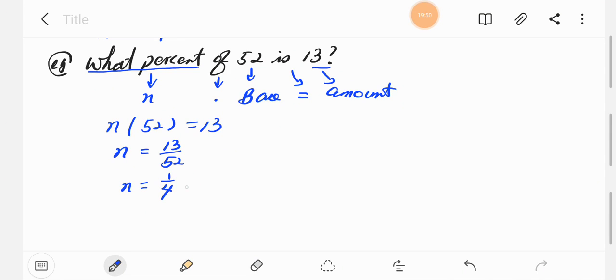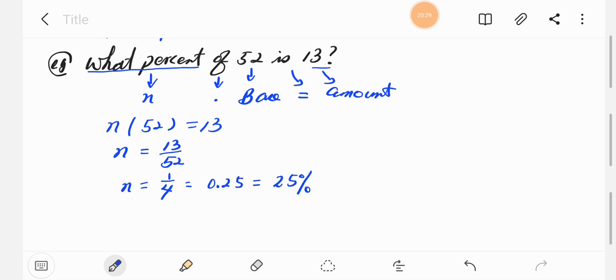So 1/4 is equal to 25%, because 1 divided by 4 is 0.25, which is 25%. So 25% of 52 is 13.